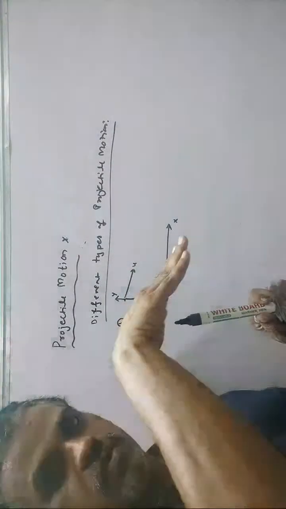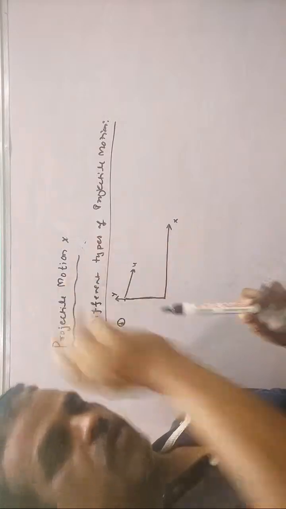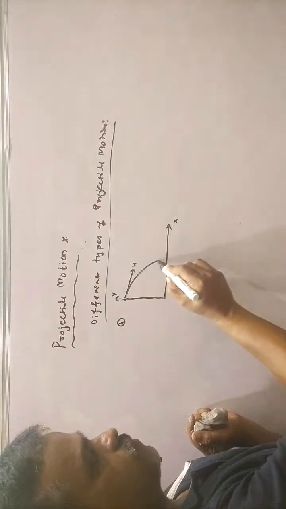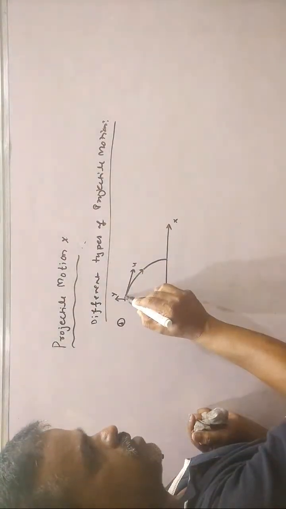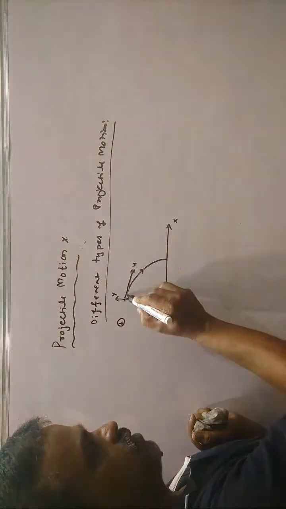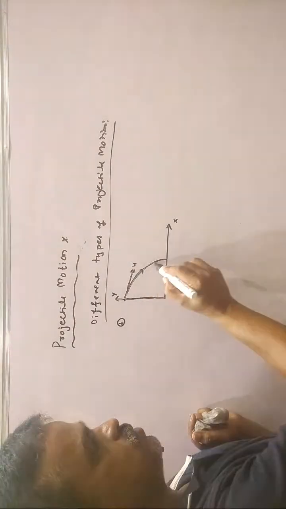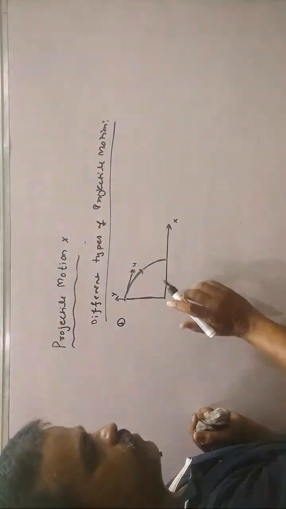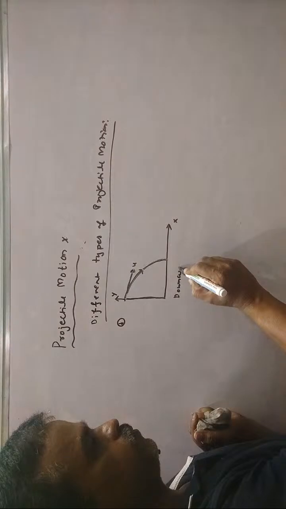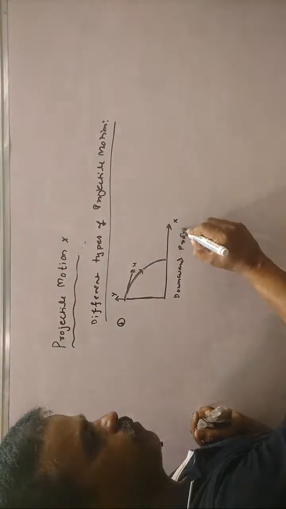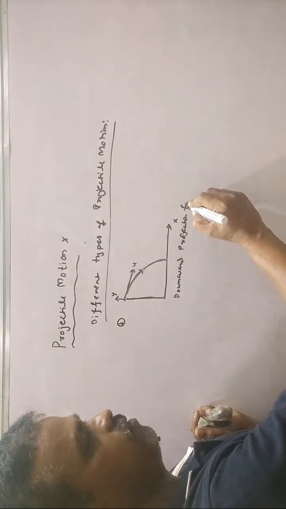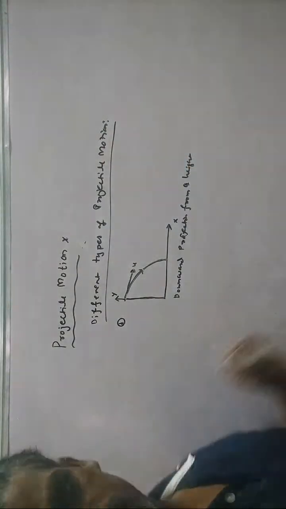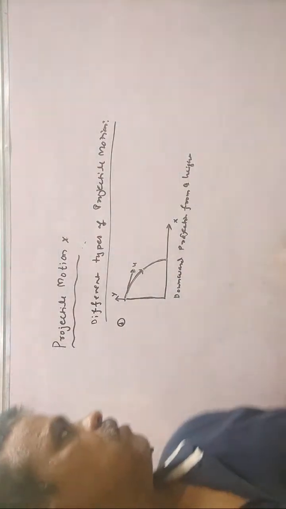In this type, the body will move along the velocity vector initially, then finally it goes down to the earth. Downward projection from a height. This is the fourth type.